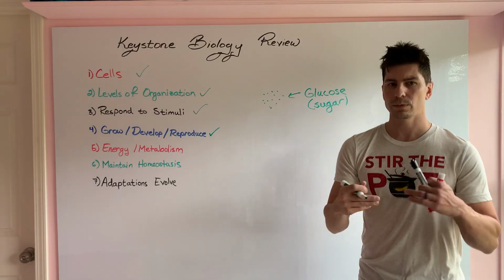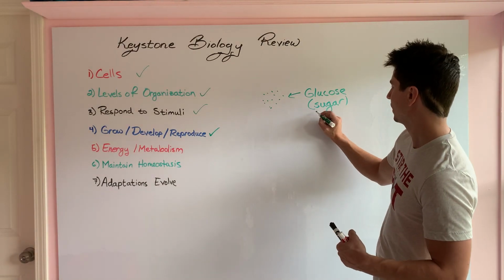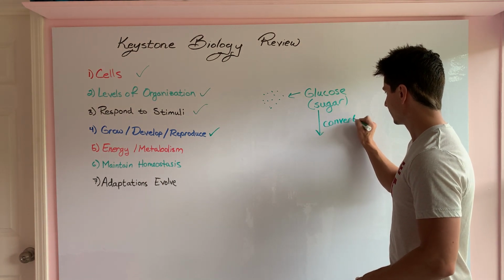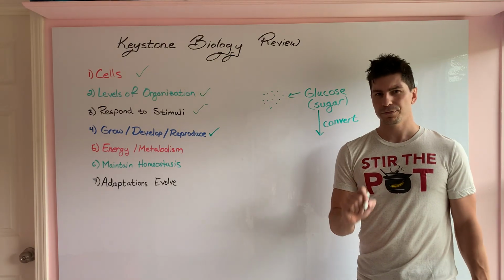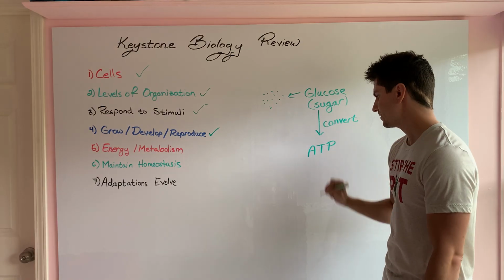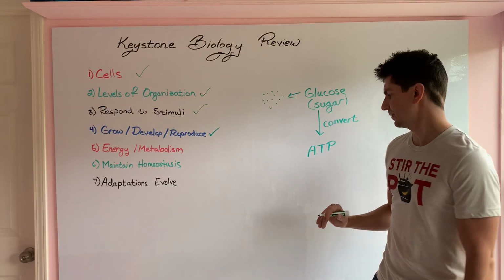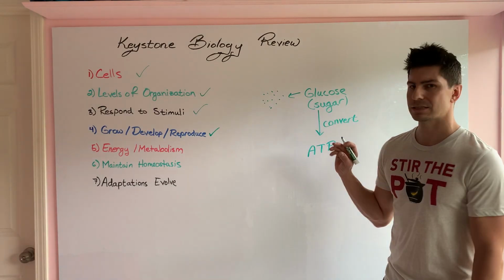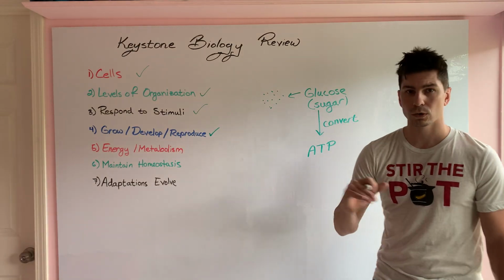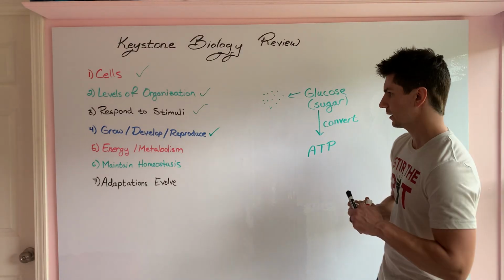When we eat glucose, our body is going to take in this sugar, and we are going to convert it so that it is able to fuel a molecule called ATP, all right? And we'll go over ATP in a little more depth in the macromolecule video, but ATP is the main molecule that our body uses for energy. We need a whole lot of ATP on a daily basis to keep our body running, okay?